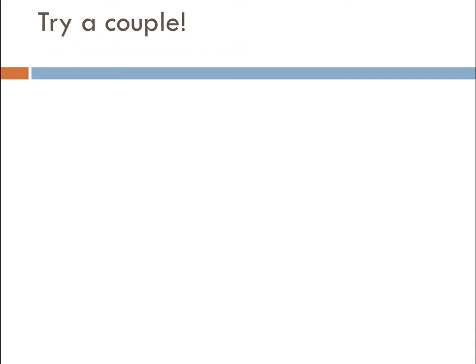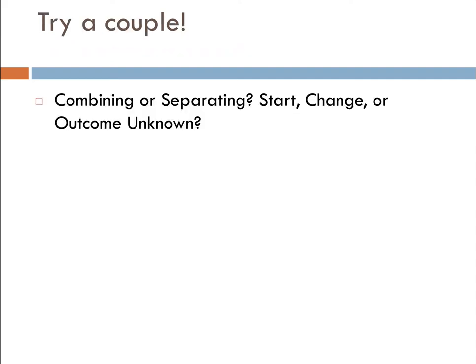Okay, so let's try a couple of problems here. When I give you some examples, I want you to consider whether it is a combining or separating problem. And also in each combining or separating problem, you need to identify whether it is start unknown, change unknown, or outcome unknown.